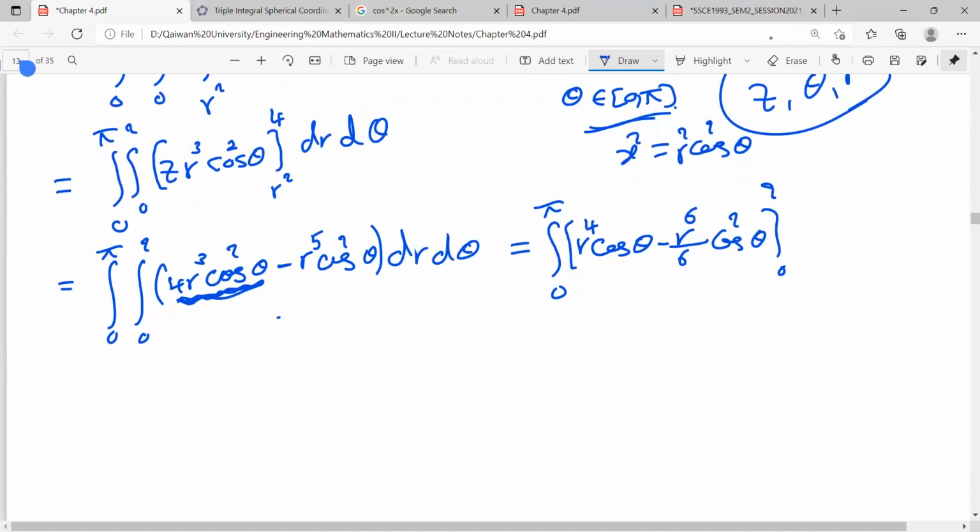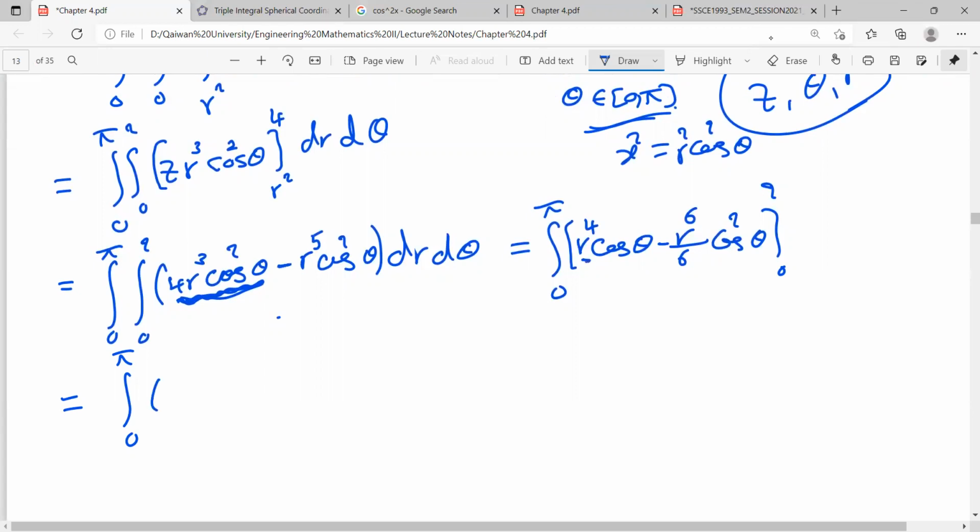And you say it equals the integration from 0 to π. We first replace r by 2, then you replace by 0. When you replace r by 0, both terms become 0. But here we just replace r by 2.